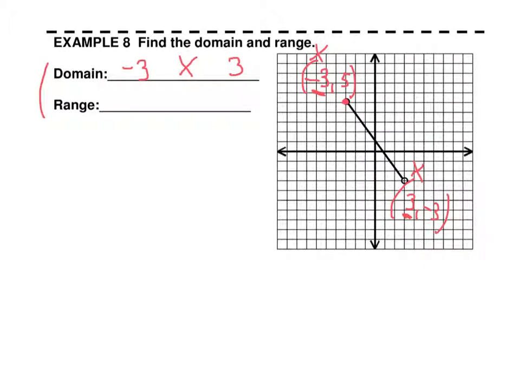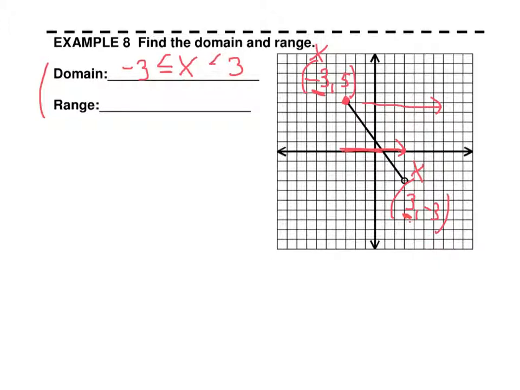All right, then since you have a closed circle here, that means you're going to use the greater than or equal to symbol. So remember, as x goes this way, it gets greater than negative 3, and it goes all the way up to 3 right here. So these are your x values. Okay, and it's going from left to right, which means it's getting bigger.